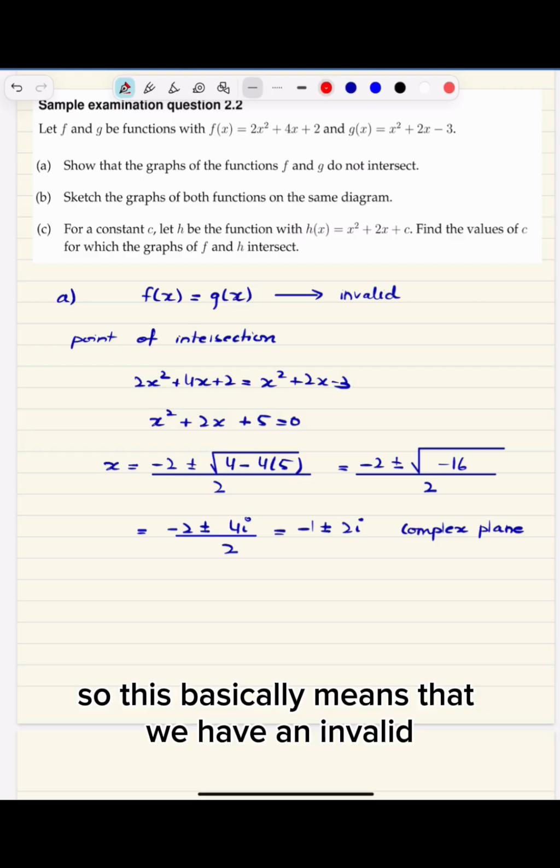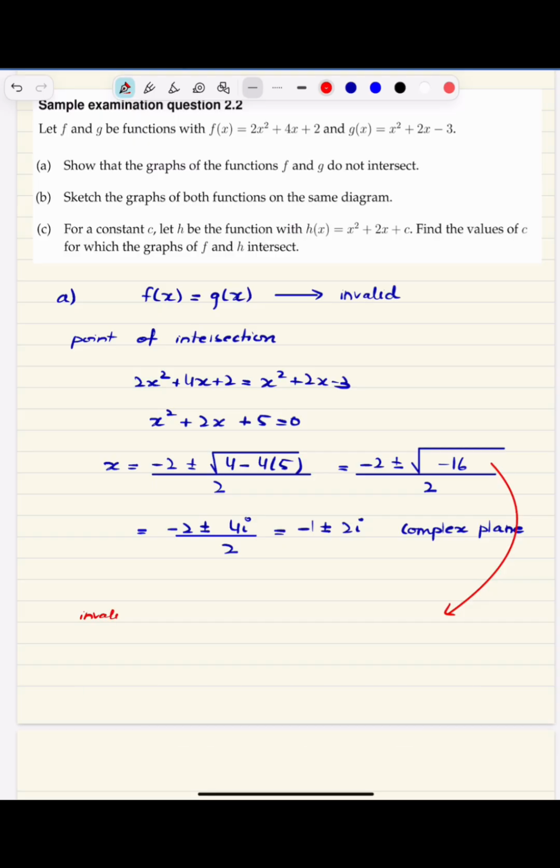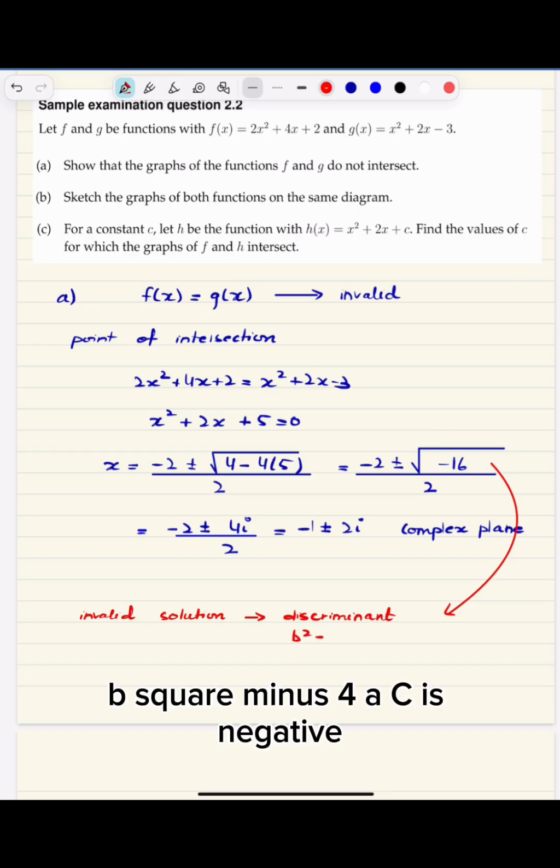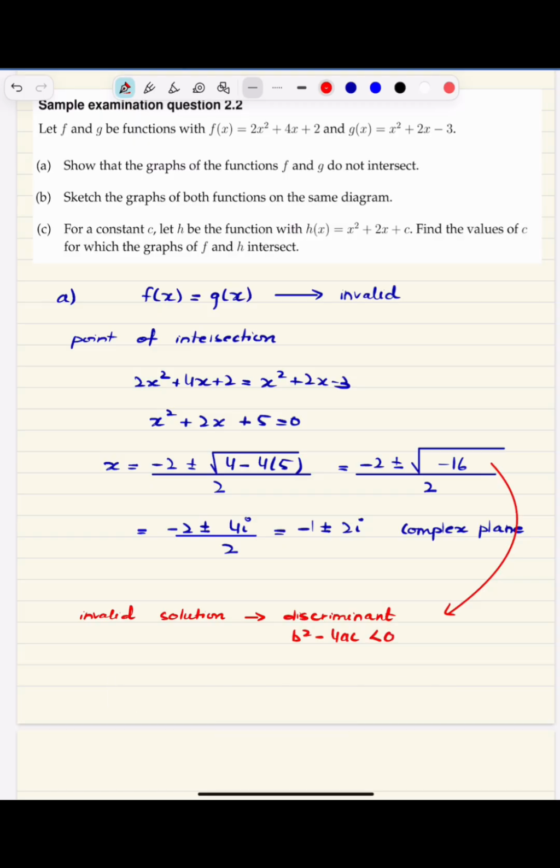So this basically means that we have an invalid solution because the discriminant b squared minus 4ac is negative.